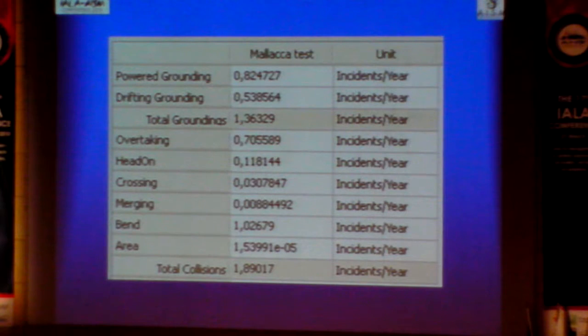And when we compared this result with the historical data, we were astonished. The historical data indicated 1.90. We couldn't believe it. And the groundings, I think, were 0.4 compared to this number here. So that tells us something about the quality of the model, of course.